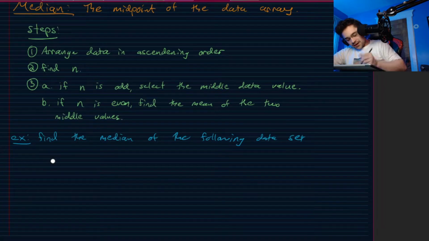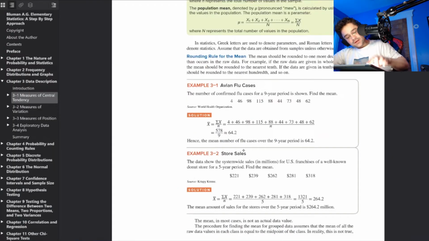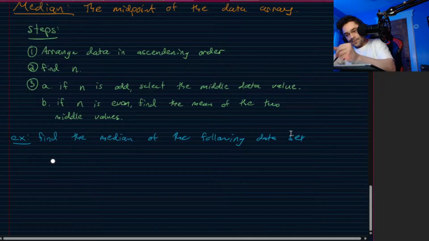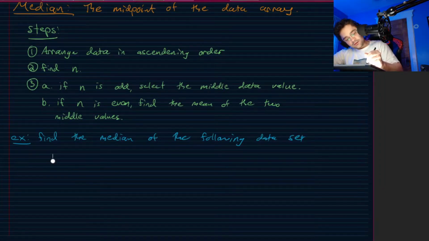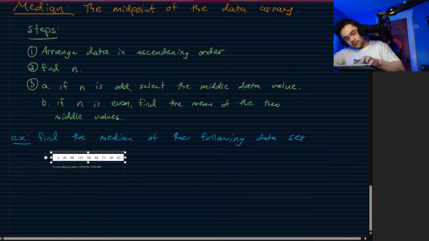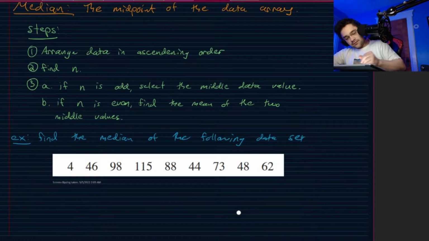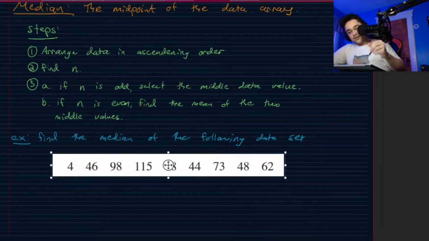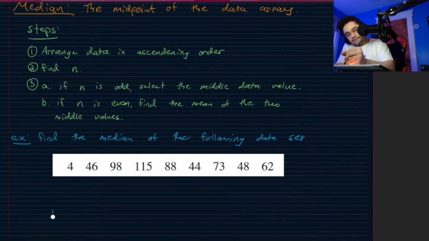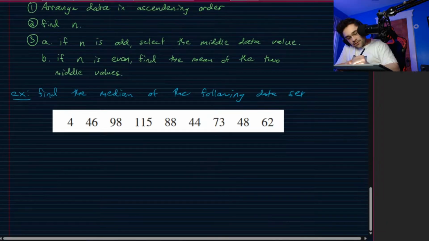So let's just say I copy that same set of values here. Okay, and we want to find the median. Well, it's not sorted, so we've got to first sort it in ascending order. So let me write here, sorted.